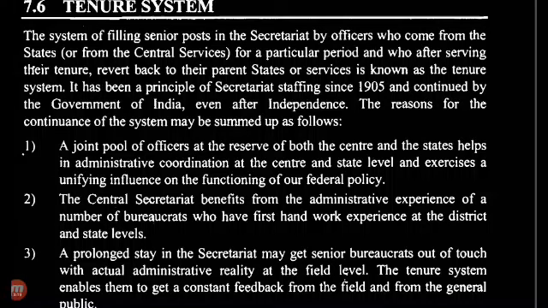Number 1. A joint pool of officers at the disposal of both the center and the states helps in administrative coordination at the center and state level and exercises a unifying influence on the functioning of our federal polity. Second, the Central Secretariat benefits from the administrative experience of a number of bureaucrats who have first-hand work experience at the district and state levels.